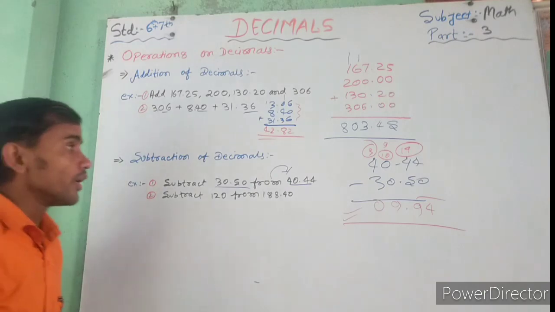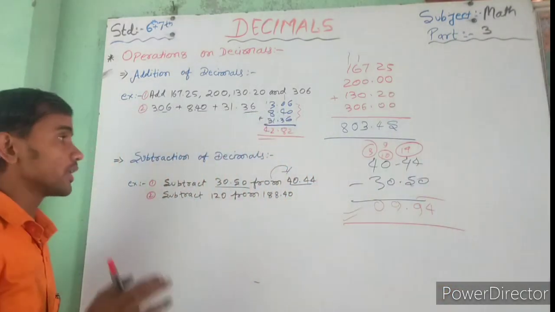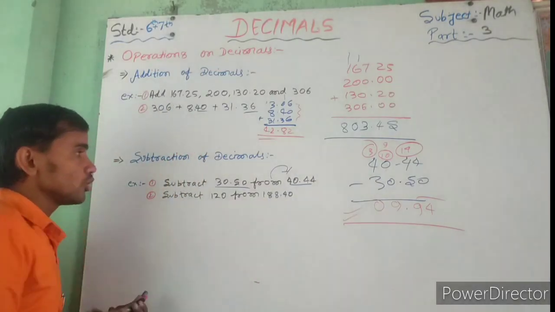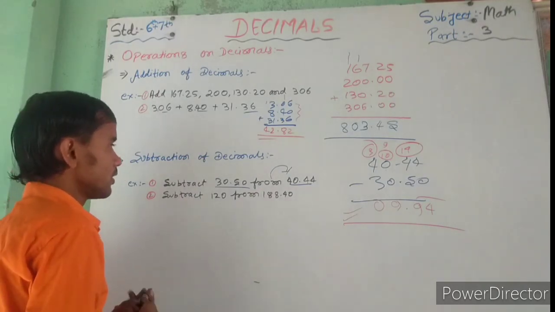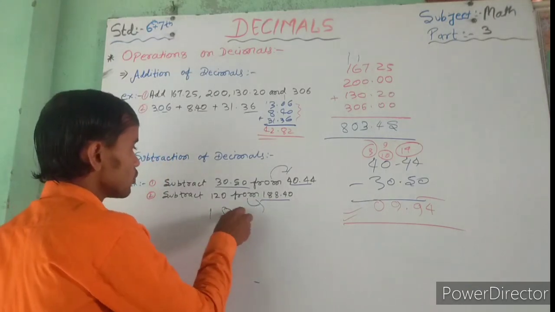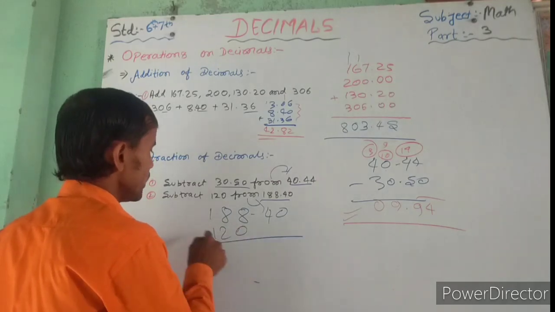Okay. So in that type of question, when you solve, first convert the decimals in like fraction. Next question you also see here, just like 1, after from you use first time, it means 188.40. Okay, next here 120, subtract.